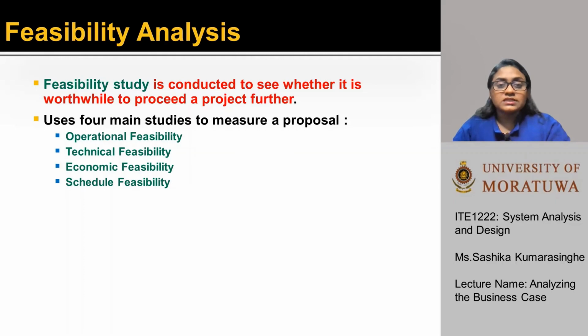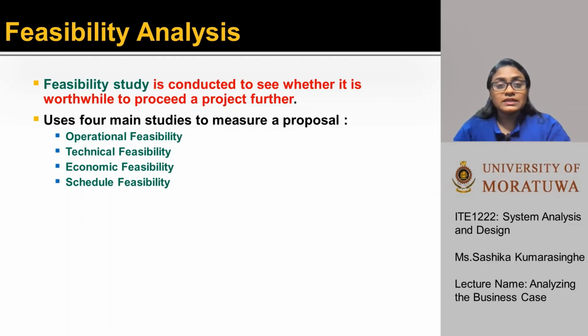A system is evaluated under a feasibility study to see whether it is worthwhile to proceed further. Four main studies are conducted to measure the proposal. Those are operational feasibility, technical feasibility, economic feasibility, and schedule feasibility.